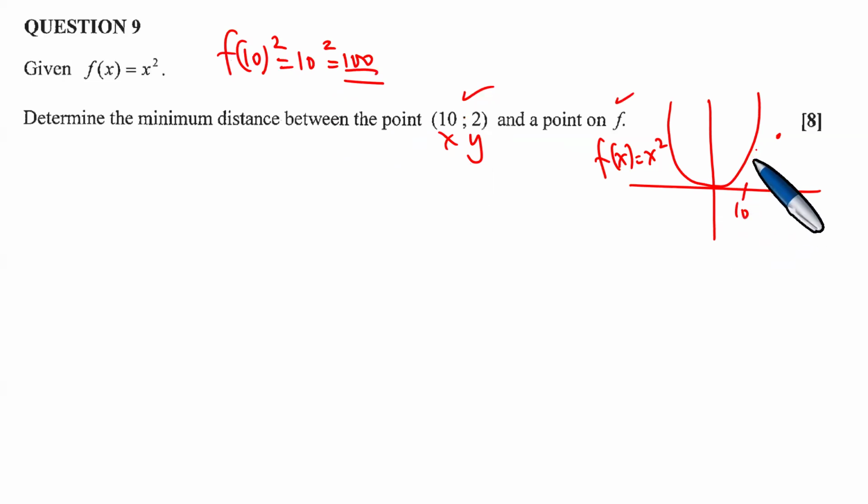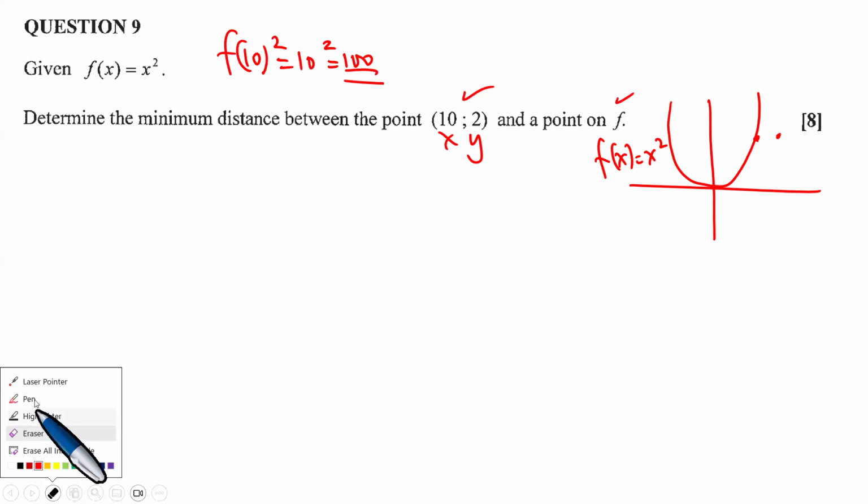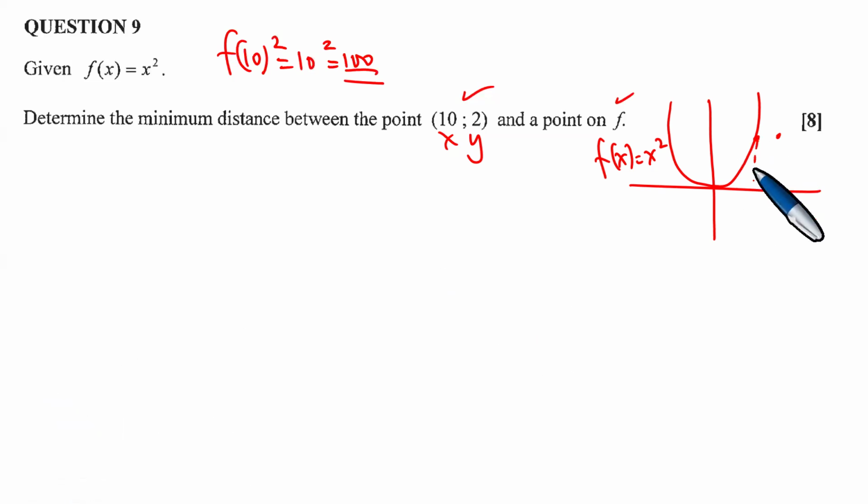Let's have a rough sketch of what's happening here, and then we shall solve this question. So when x is 10, y is going to be 100. Just look at this: x is 10, and y is x squared, 100.